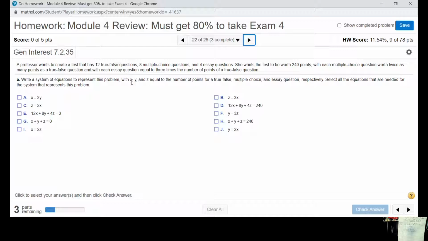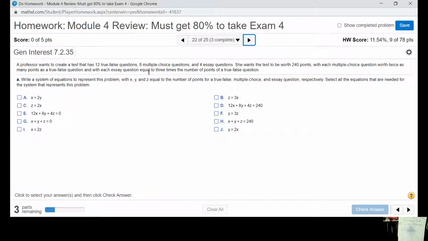Y is supposed to be the point value for a multiple choice question, and we have 8 of those. So 8 times Y would give us the points from multiple choice questions. And then essay questions, there's 4 of those. Z is supposed to be the point value for one essay question. So 4 times Z would be the points from essay questions. Add those up. 12X plus 8Y plus 4Z equals the total points, 240.